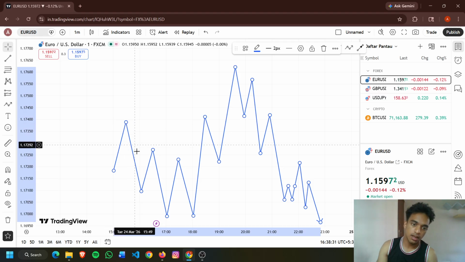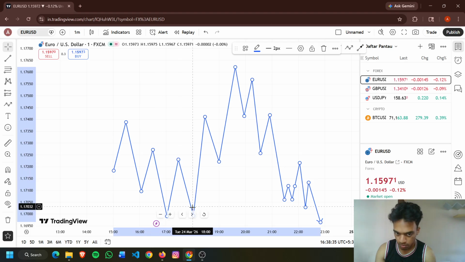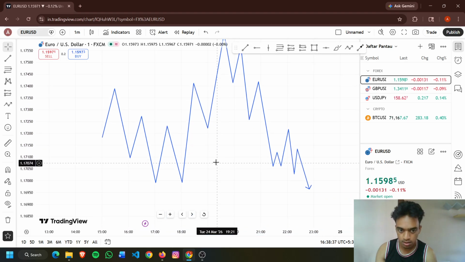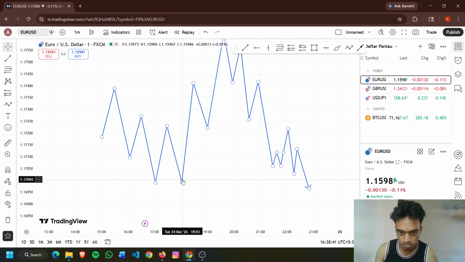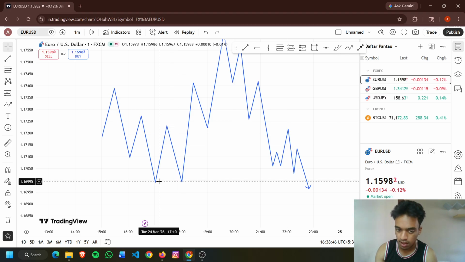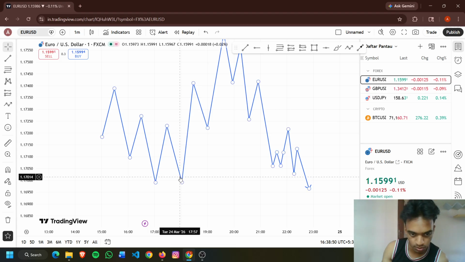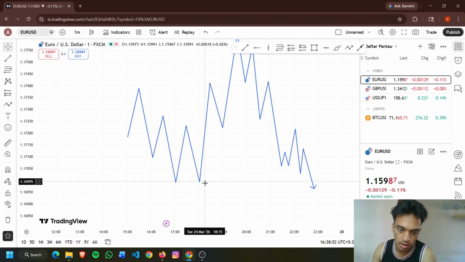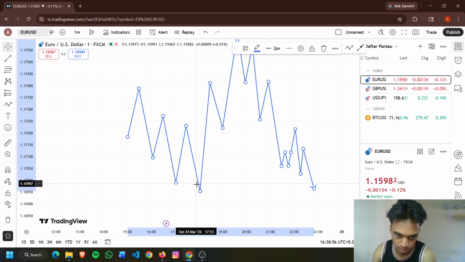So this is lower high, lower low, lower high, lower low. It is a downtrending market. And then this didn't form a lower low, but it is at the same level as the previous lower low. So this can also be considered a new lower low. Okay. So it should be at least like this to form a break of structure over here.